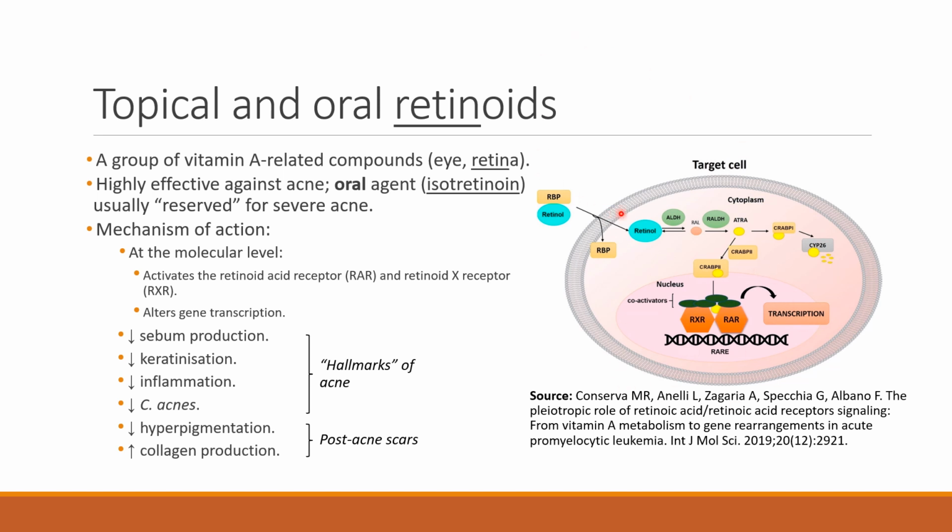In the systemic circulation, retinoids bind to retinol binding proteins and are taken up in this form into target cells. Once inside cells, retinoids are dissociated from the proteins and are converted first into retinaldehyde, then all trans retinoic acids, which bind to cellular retinoic acid binding proteins too.